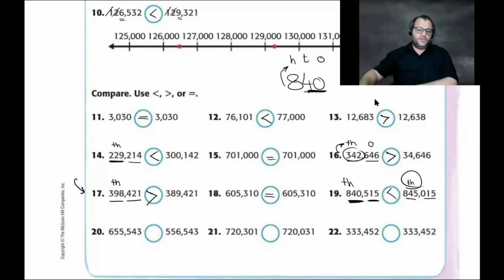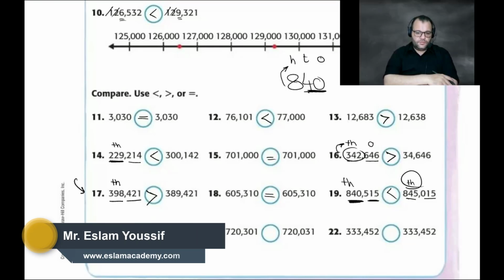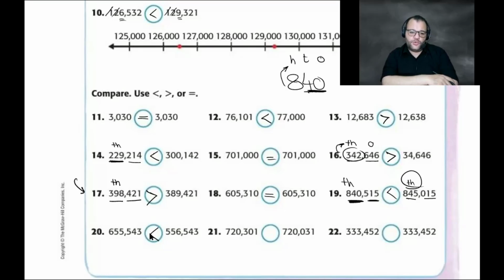Smaller than. How do you know that's smaller than, or greater than, or that they are equal?